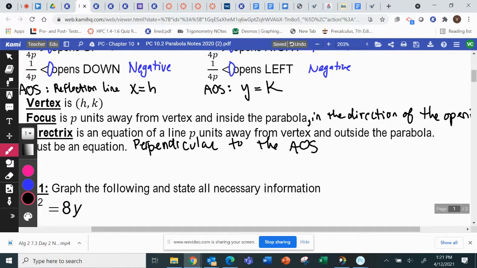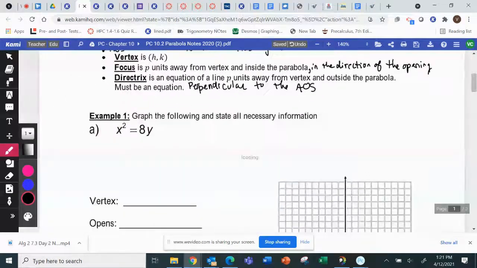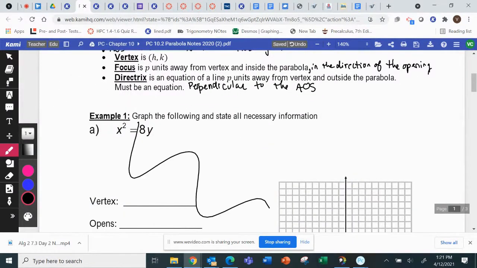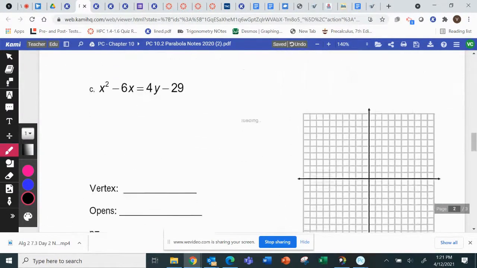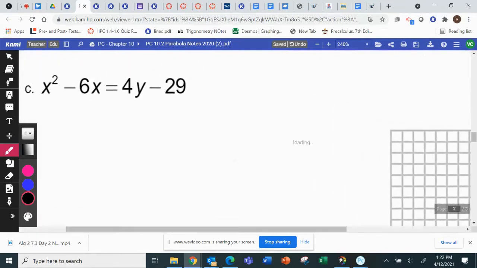Okay, we're going to do question C first. We're going to just skip A and B. They're like super easy. There's no transformations really, so we're just going to skip those. We're just going to start with C. So you look at question C, it is not in the format that we need it to be in. But we do know it's a parabola because only X is squared. The Y is not. So we have to complete the square. You only have to do it with X. X is the only one that's squared.